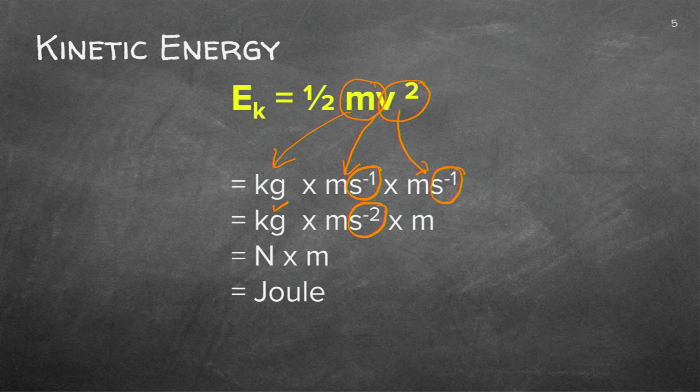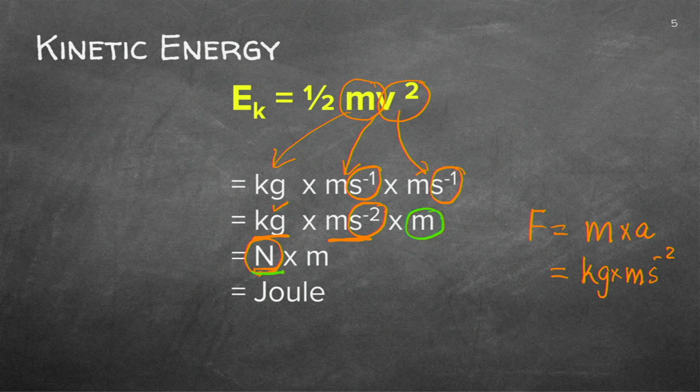Now, somewhere you've done this kilogram meter per second squared because you used Newton to say the force is the mass times the acceleration, which was the kilogram times meter per second squared. And that unit is Newton. And the only remaining unit then is the meter.